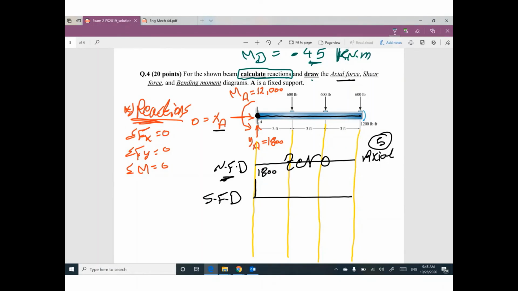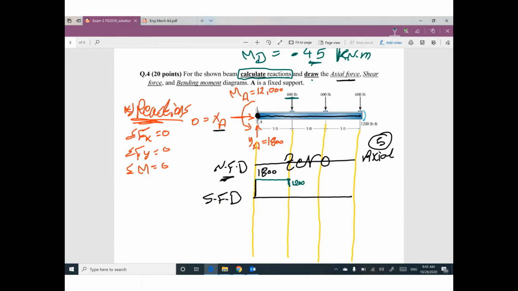Walk horizontally until this point. What do you have? I have a vertical force of 600 going down, so I will go down 600 to reach 1,200.